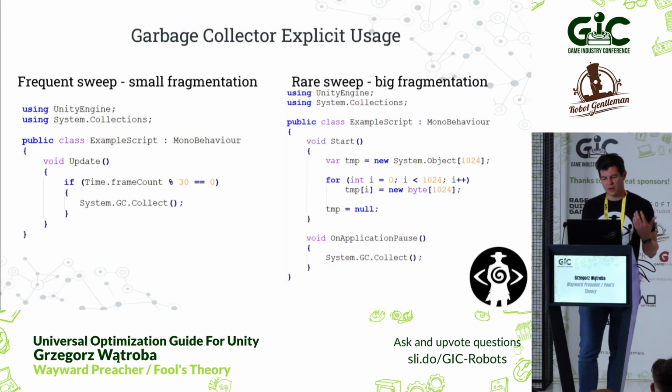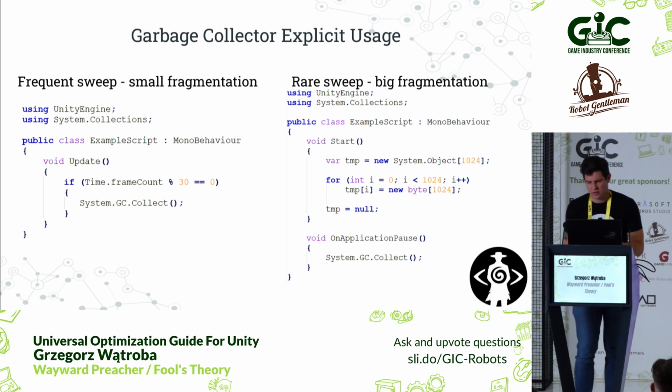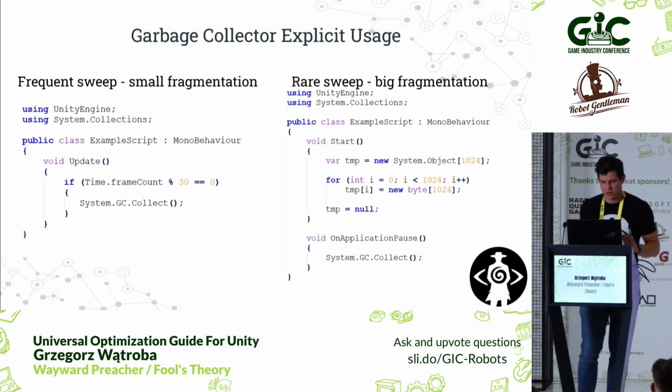So when you have lots of small allocations, you can call GC sweep every second if it won't hurt your efficiency in the game. Sometimes I saw this solution on some mobile games. When you have large allocations, you can use moments like entering the pause screen or sleep mode to sweep up memory.